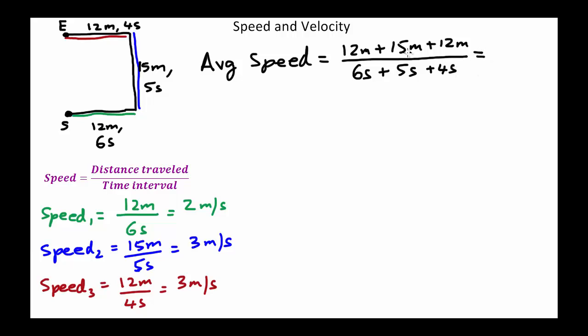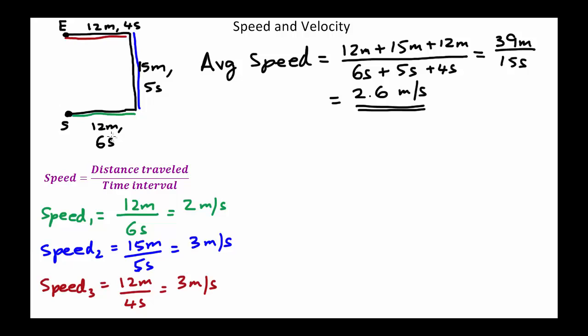So when I add all this, I get 39 meters divided by 15 seconds, and that gives me an average speed of 2.6 meters per second. So that's the average speed of my entire journey. Once again, just magnitude, which is made up of a number and units.